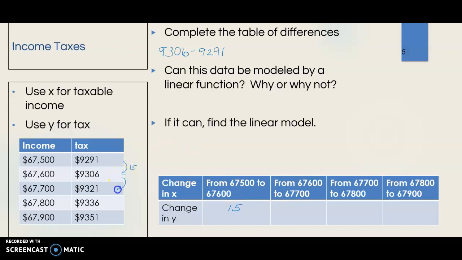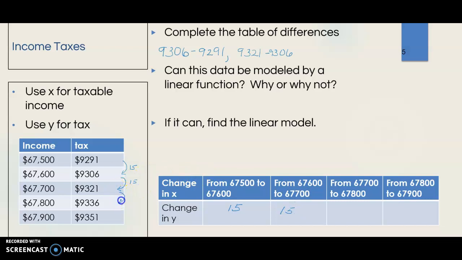So between these two, and when we do this, we're always taking our Y2 minus our Y1. So my next calculation here is 9321, subtracting out 9306. And we get an answer of 15. And then we do the next one because we have 4 of these.